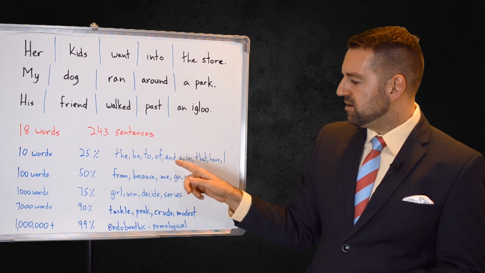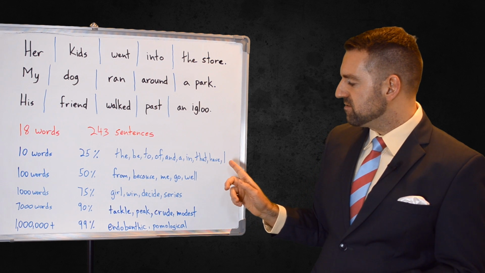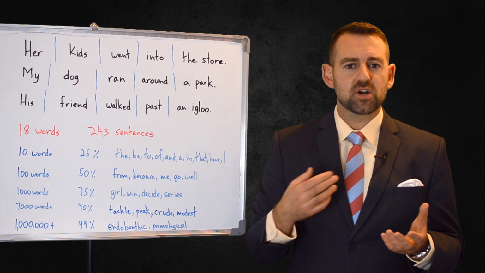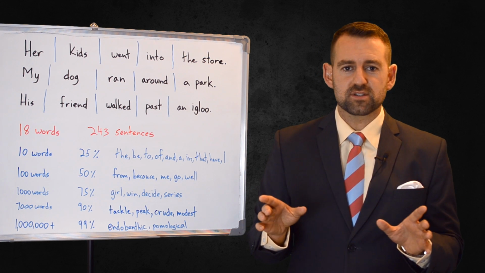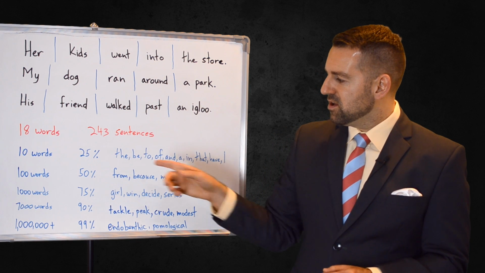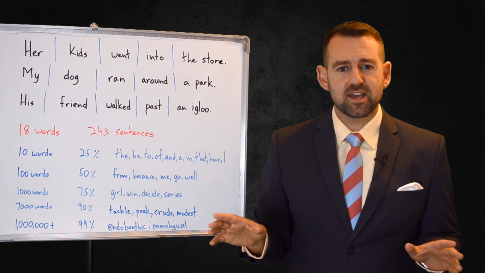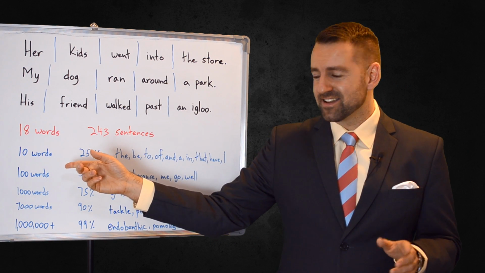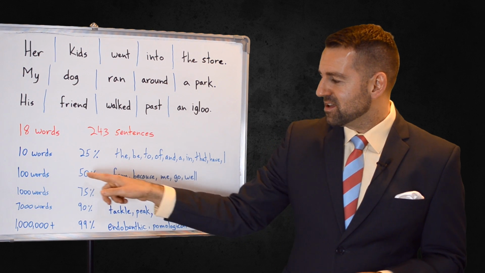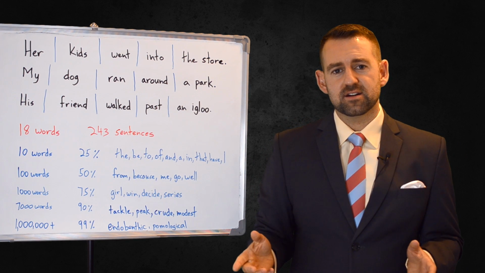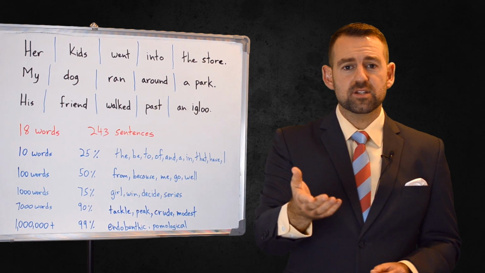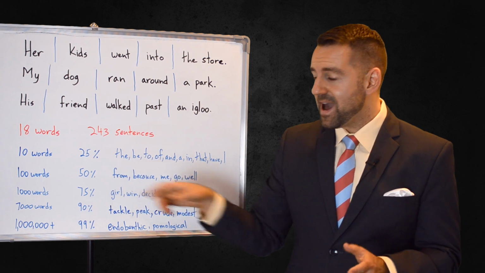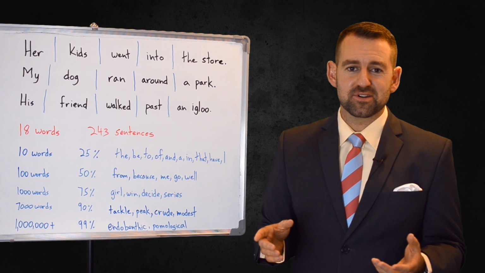The, be, to, of, and, in, that, have, I. Okay, so when you hear me talk, or when you hear any other person speaking English, a quarter of everything they say is these words right here. 10 words. That's it. Okay, 100 words make up about 50% of the language. So you only need to learn 100 words and you know half of the English language.